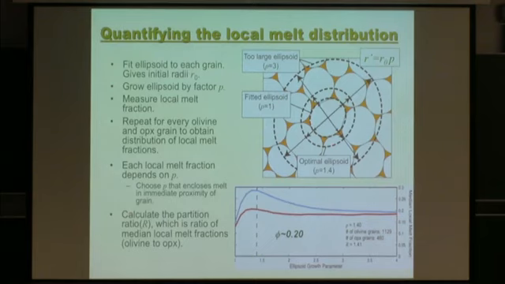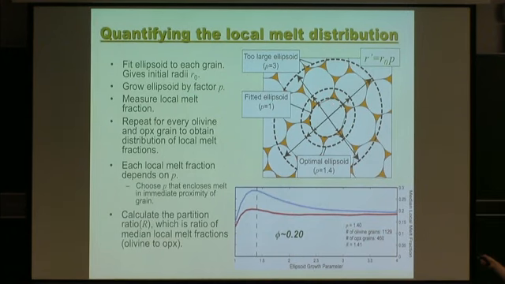Basically, we start with an ellipsoid fitting a grain. Then we grow that ellipsoid. When you start with the ellipsoid just fitting the grain, there is very little melt associated with it. As you expand it, you start to have more melt. So we are plotting the melt associated with that grain as a function of the ellipsoid size.